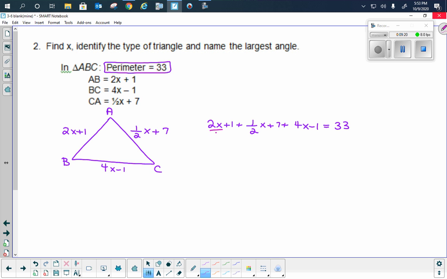Getting common denominators, so put everything over 1, all the terms, and multiply by the common denominator. Well, the only denominator down there is 2. So if we multiply by 2 over 1, you should be canceling those fractions. Your very next step should have no fractions. So why don't you try it and see what you can get from there.